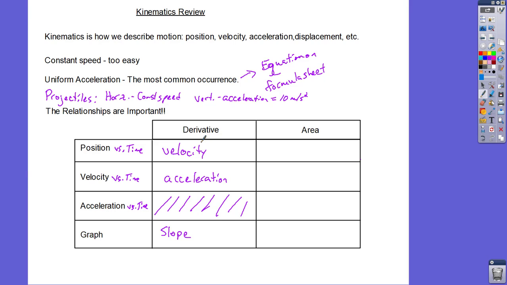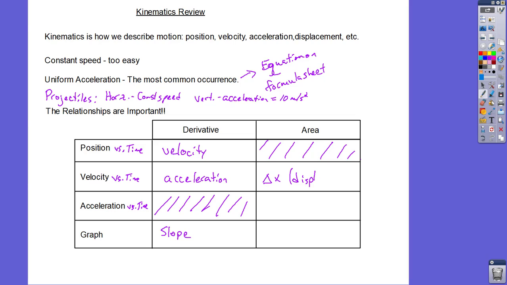The area of a graph definitely has meaning. The area under a position versus time graph doesn't always have meaning physically, but the area of a velocity versus time graph, remember, is equal to displacement, in other words, change in position.